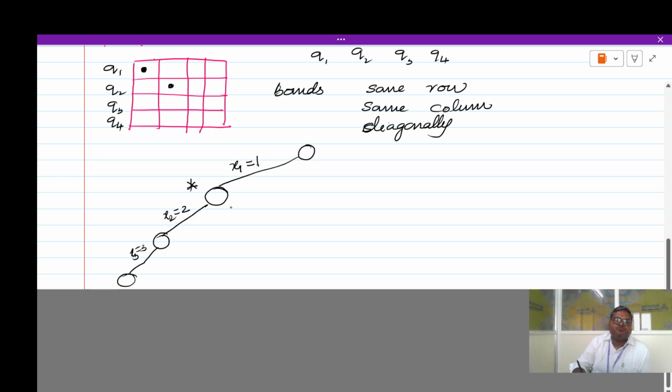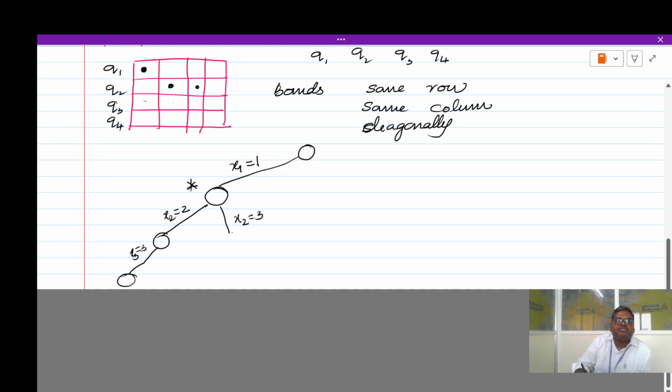So what I can do, I can place the second queen in the third place here. So let me write x2 is equal to 3. Second queen in third place. Then what about the third? If I keep it in first place, same column. If I keep it in second place, diagonal.